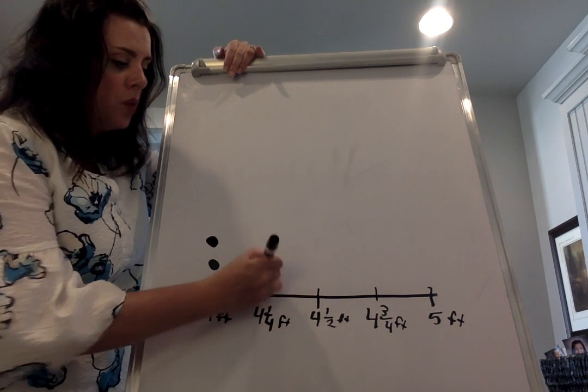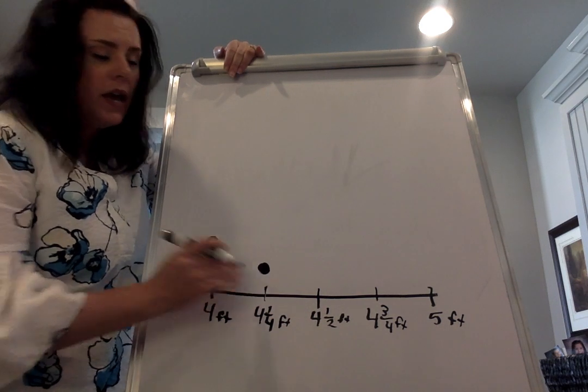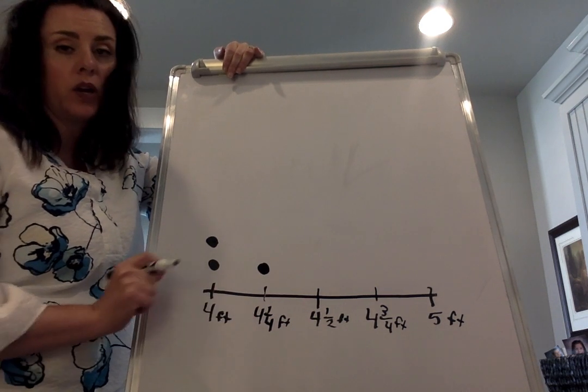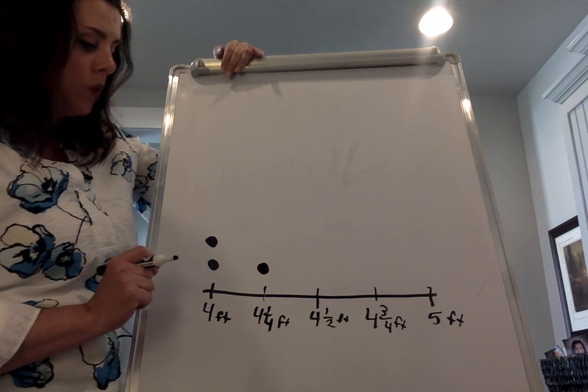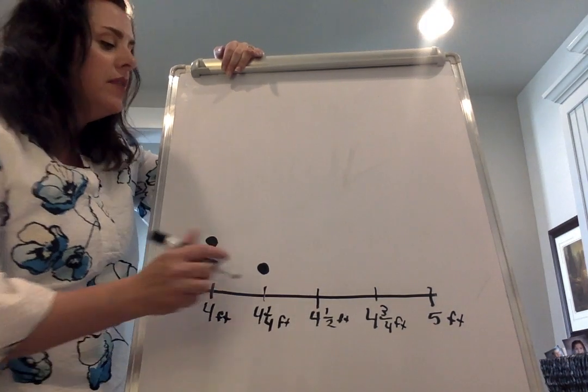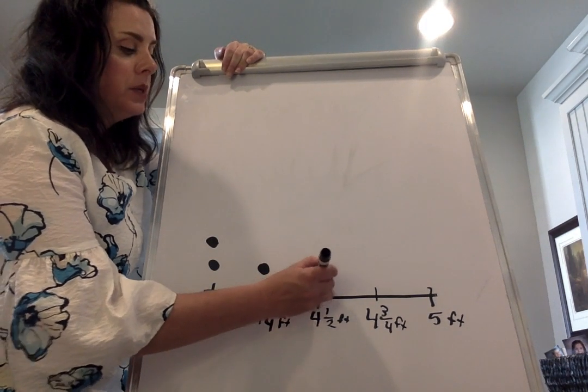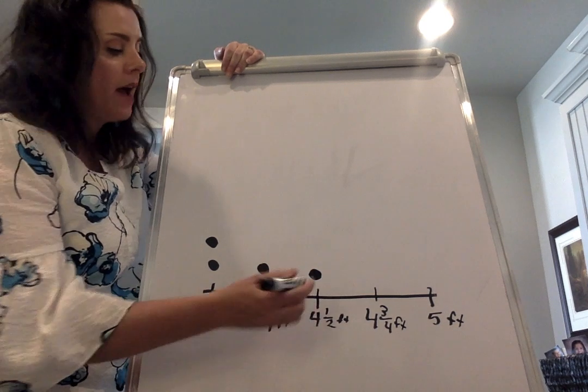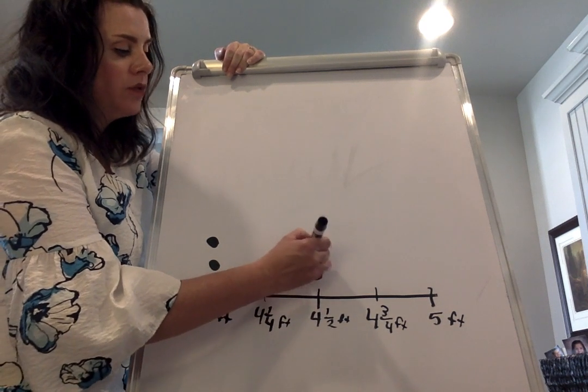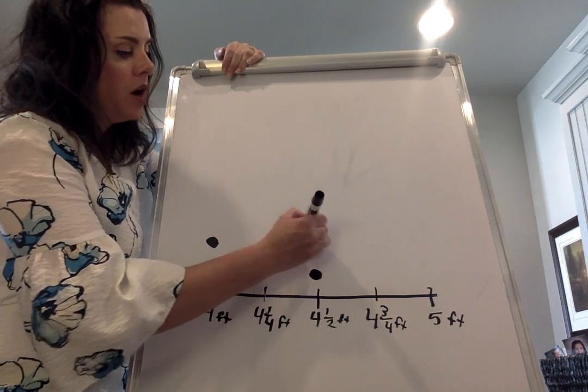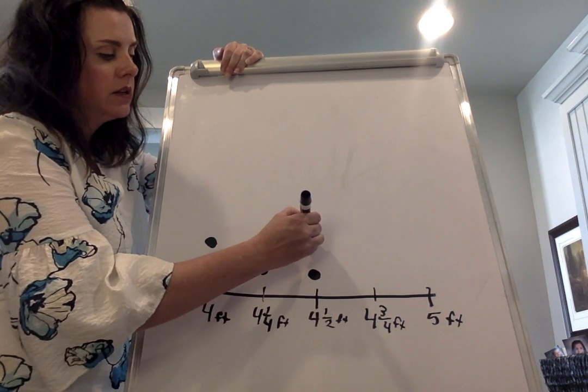So we've got a boy here named John, and he is 4.25 feet, right? And then I've got Bill is 4.5 feet, and Sheila is 4.5 feet, and Ricardo is 4.5 feet.